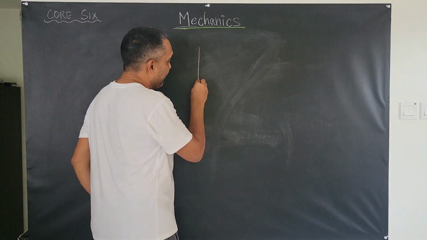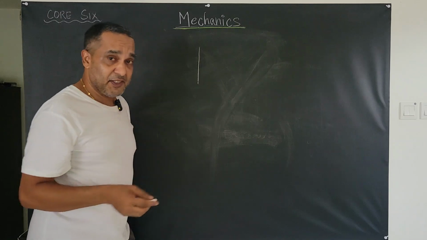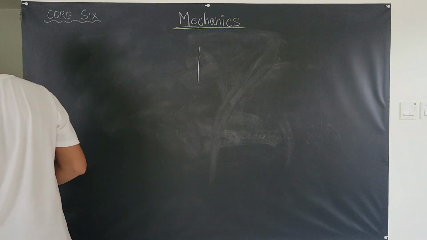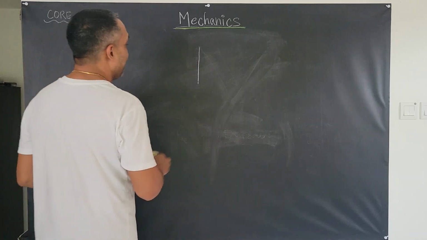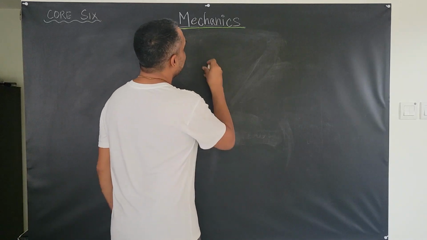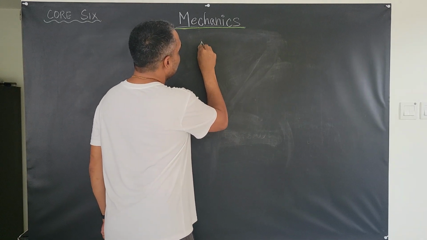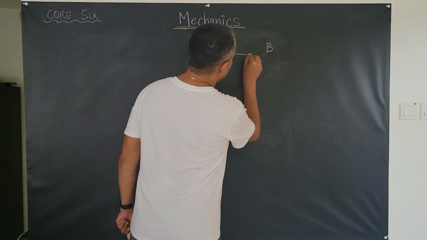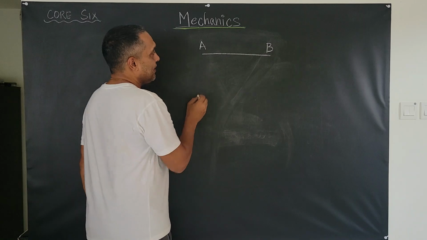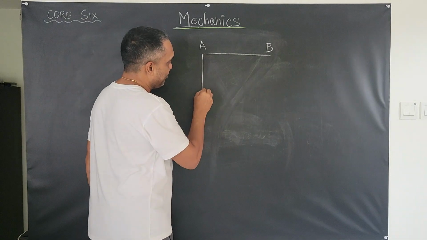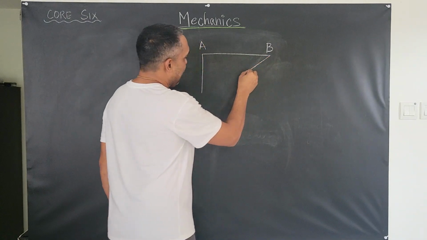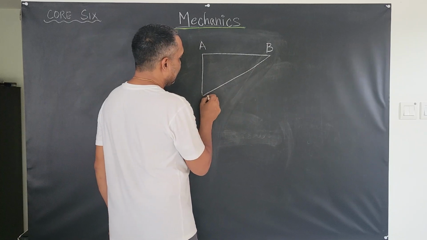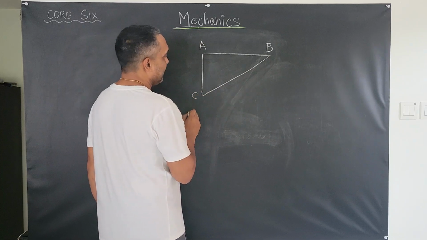Now, the strings haven't changed. There are a total of 30 and 30, so 60 centimeters. So what I'm going to do here is play with this a little bit. If my A and B were 30 centimeters apart, and this hasn't changed, but now I have that representation of a right angle triangle, and say that's C, right?